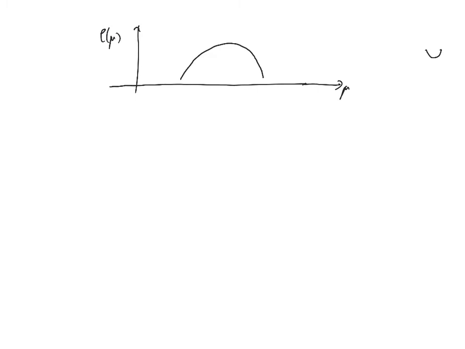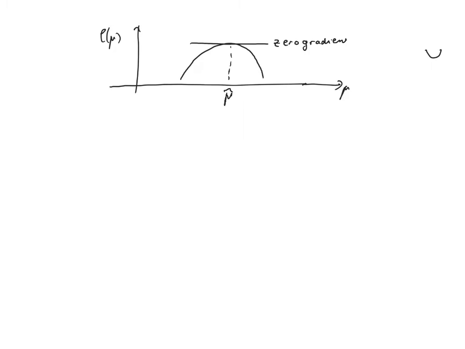Our task is to find the maximum, which corresponds to the point of zero gradient, and that value at the maximum is called mu hat. So we're seeking the value of mu hat such that at that value the gradient is 0.